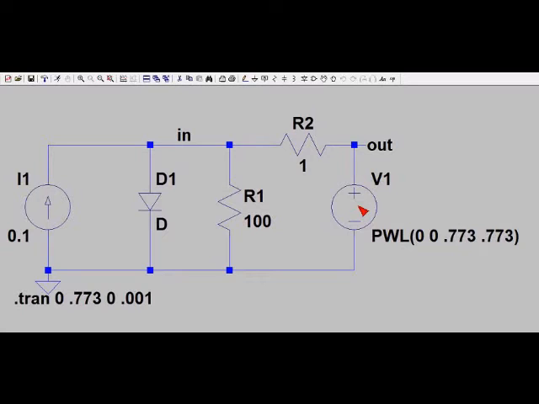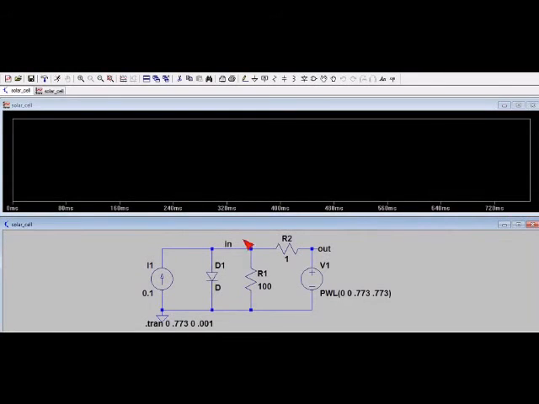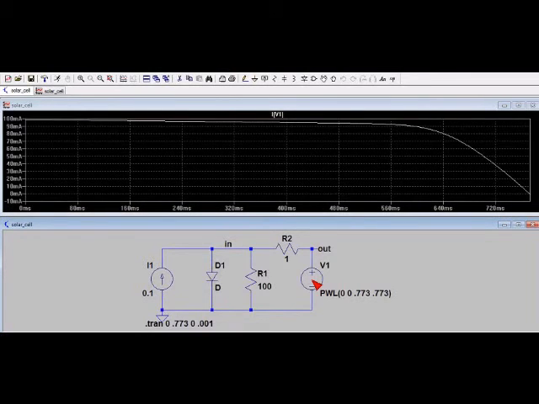So let's take a look. Let's do a run here. And let's take a look at this current voltage characteristic of the solar cell. So here we see a current axis. This is the current in a solar cell. We have a maximum current in this particular solar cell of about 100 milliamps.